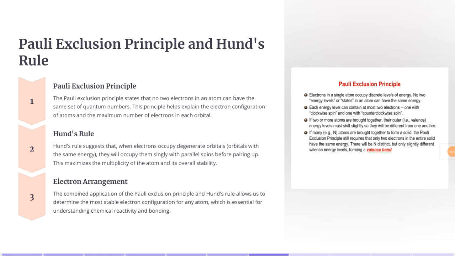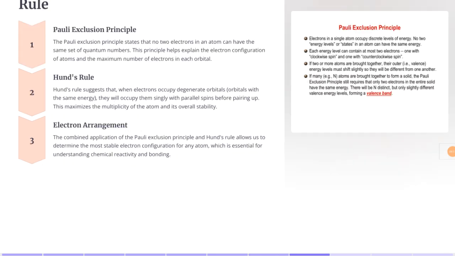Electron arrangement. The combined application of the Pauli exclusion principle and Hund's rule allows us to determine the most stable electron configuration for any atom, which is essential for understanding chemical reactivity and bonding.